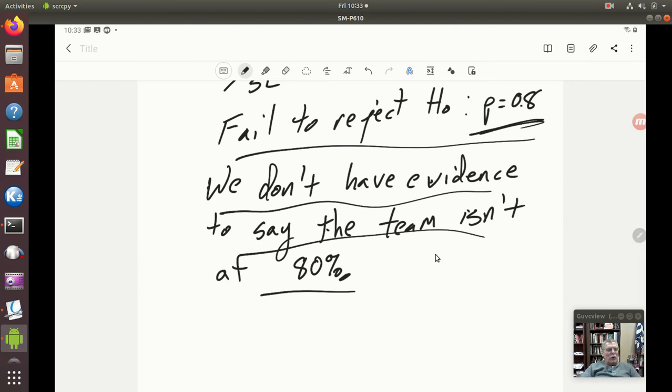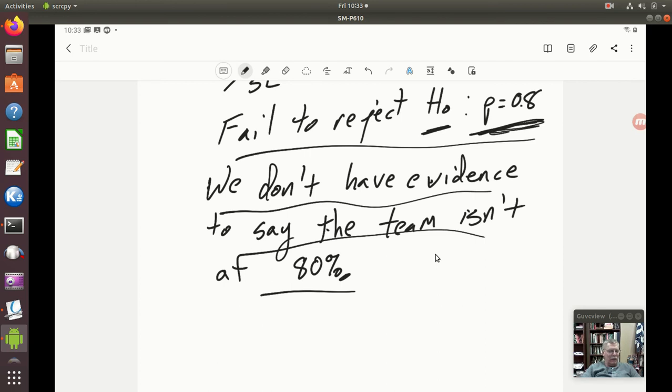So failing to reject H0 doesn't mean H0 is true. We don't usually come up with that conclusion. Usually the conclusion is, we don't have evidence to say it's not true.